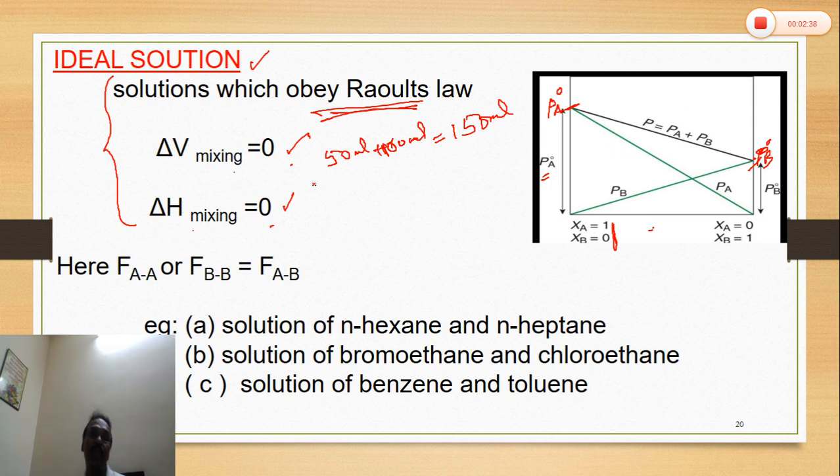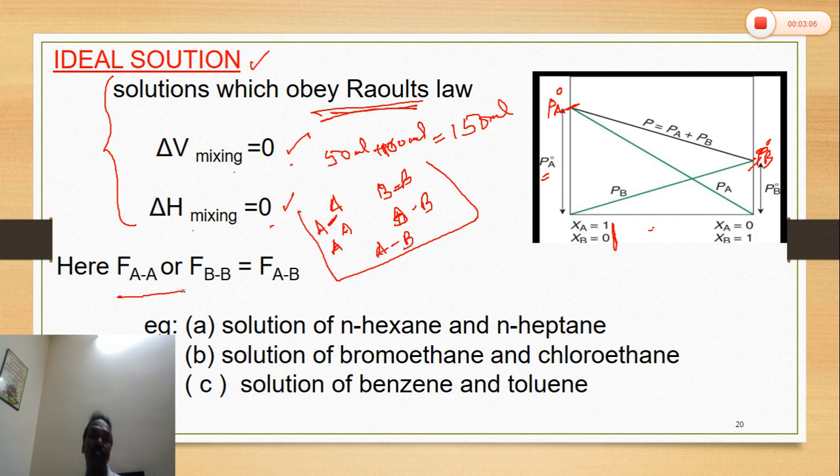Now, why is there no change? Suppose A and A are mixing together, there is B. B is a solute and A is a solvent. When they mix, there is a force of attraction between AA, BB, and AB. Three types of forces are there.